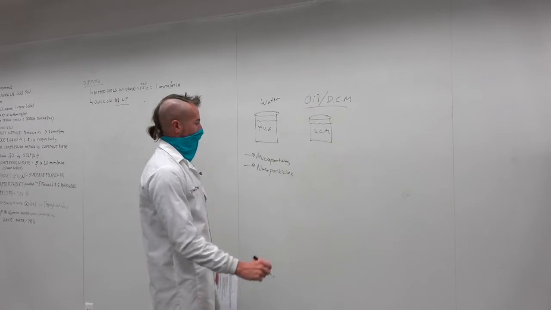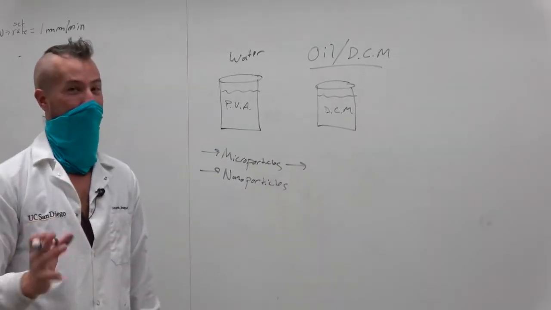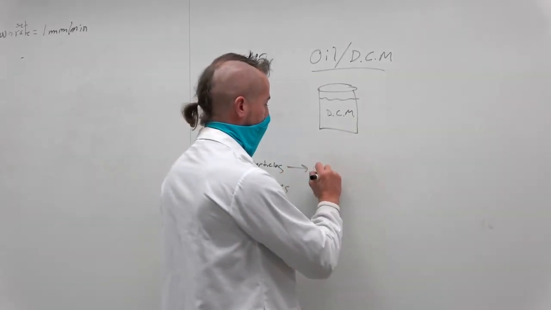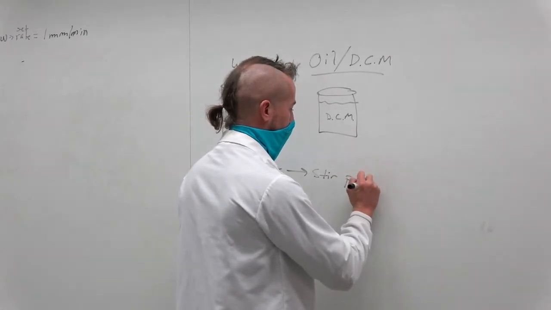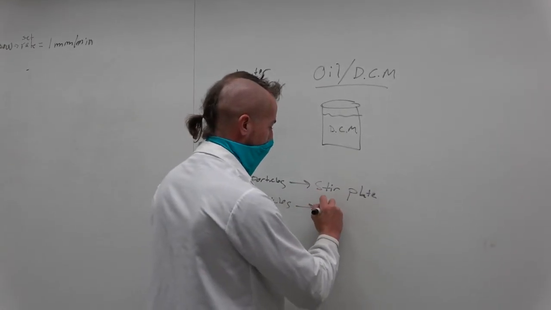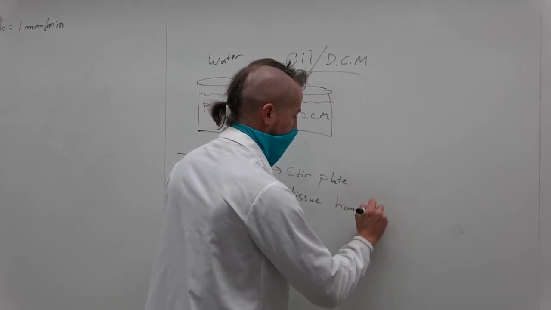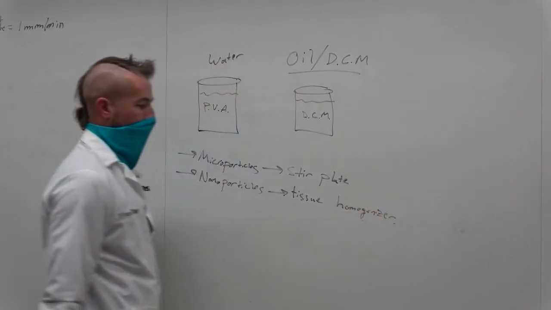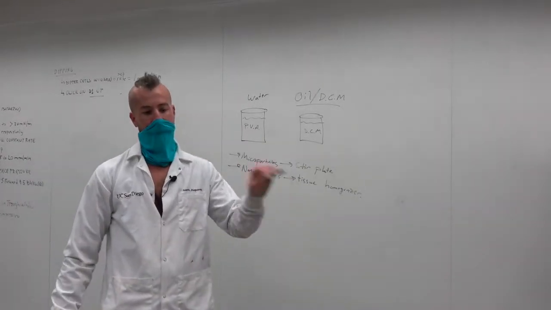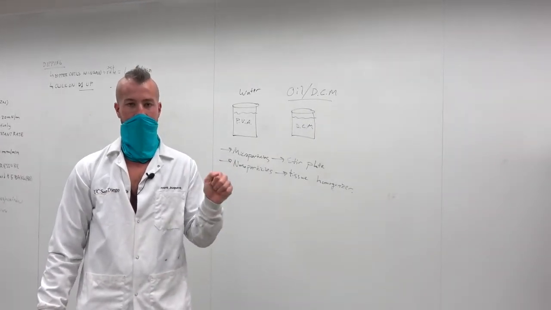Okay? So our microparticles is actually going to use just a relatively modified and simplified version of shaking, where we're going to use a stir plate. And for our nanoparticles, we're going to use a tissue homogenizer. So this is something that you would use, maybe you want to do cell extracts, or maybe you're taking biopsies or little mouse parts and you want to grind it up and measure the protein in it.